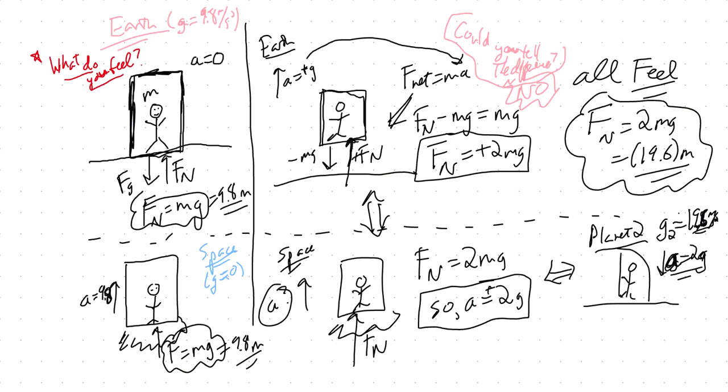You're just accelerating up in this case. In this case, there is no planet, so there's no gravity. So it's an apparent weight. That's why I like the term apparent weight. Your apparent weight is 2mg in all of these situations: 1, 2, and 3.